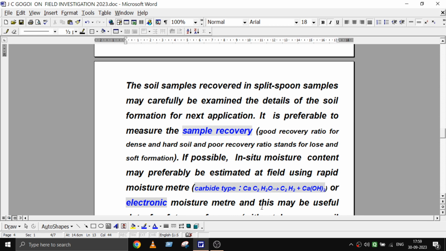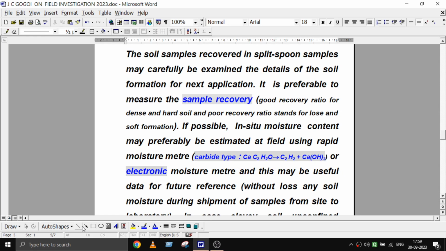Some meters read up to 100%, some 50%. In case of 50%, it should be the moisture meter reading divided by 50 minus that moisture meter reading. That will give you the soil moisture, that equation.